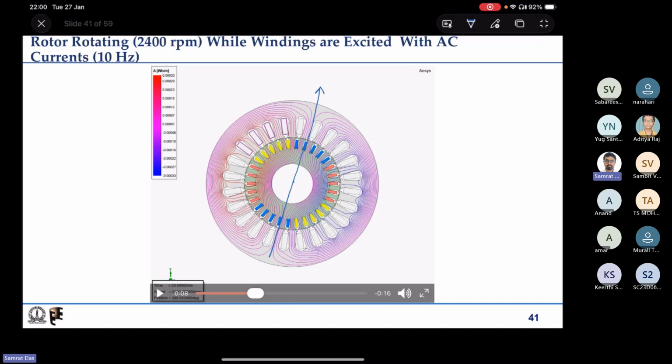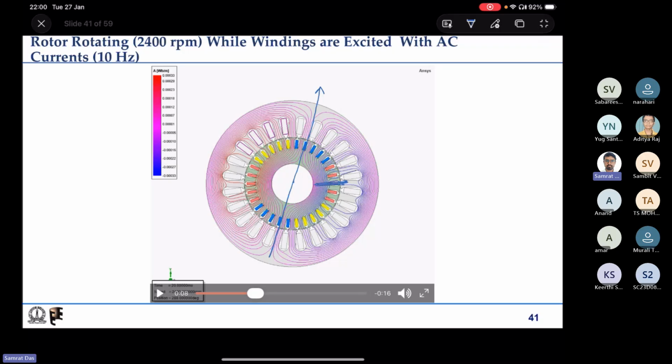But what has happened is, earlier the magnetic field axis was along the middle slot, basically along the R phase axis, the midpoint of the R phase conductor.